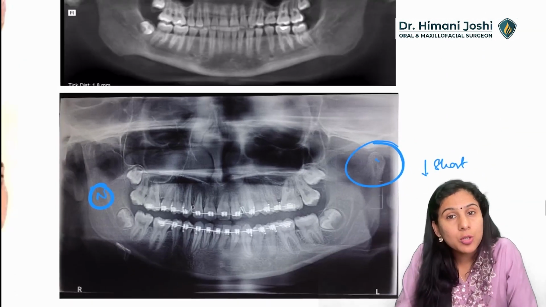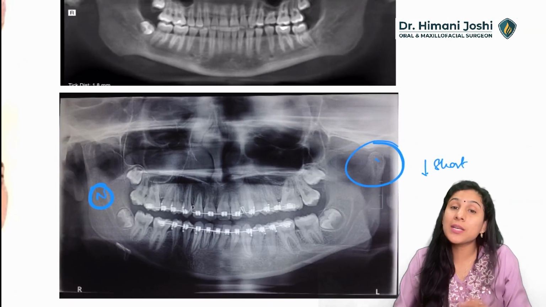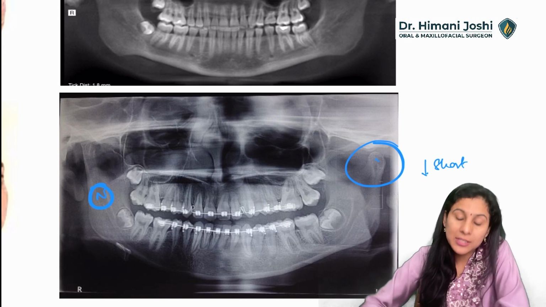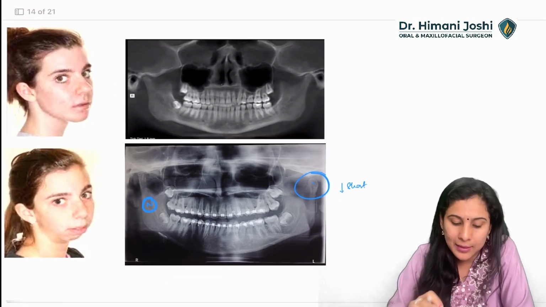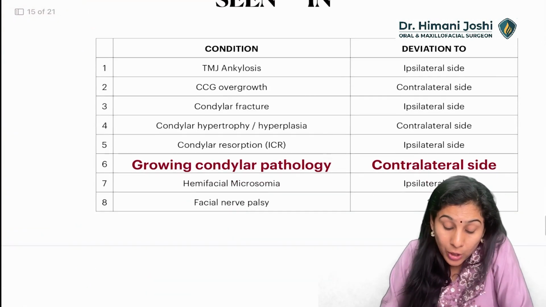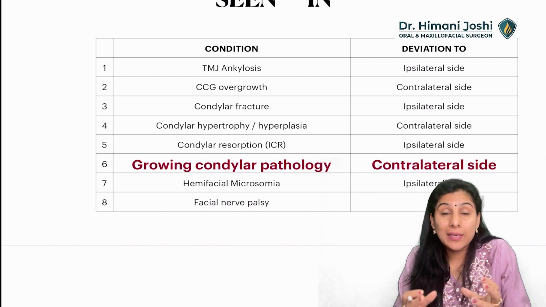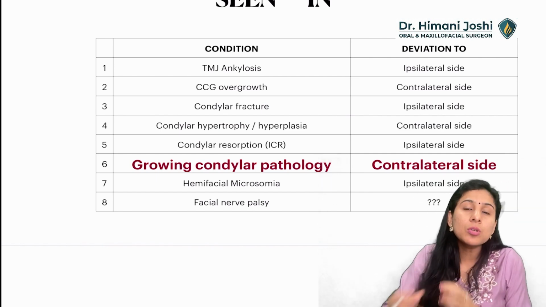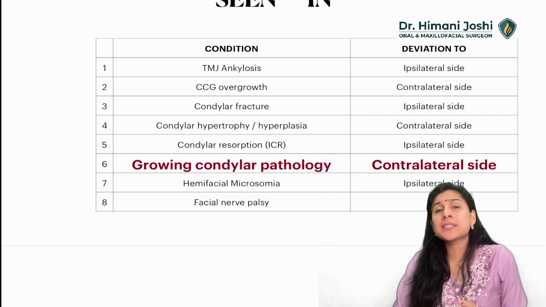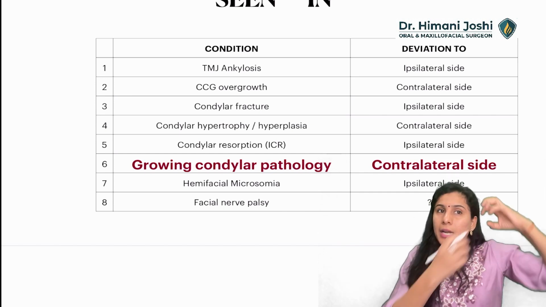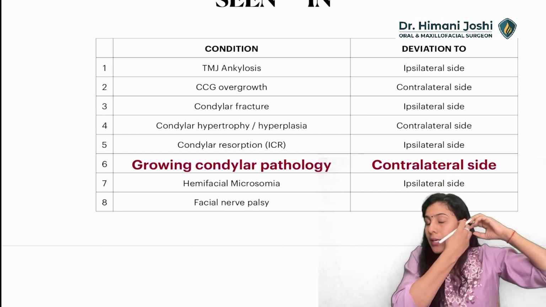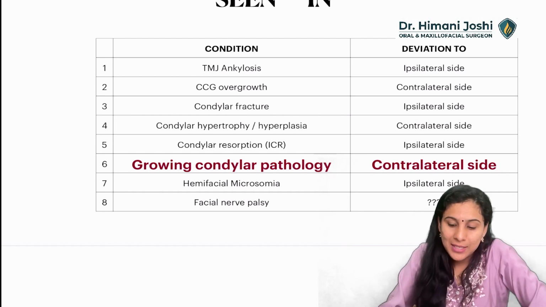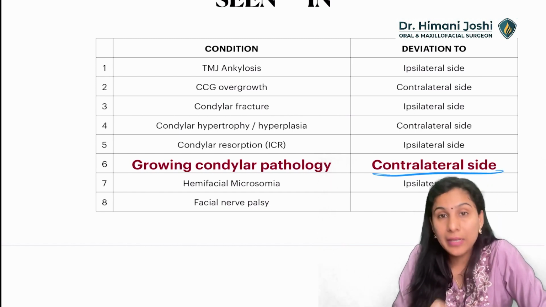So the other side will grow, cause deviation towards the non-growing side, that is towards the resorption side. So ipsilateral deviation. Condylar pathology which is growing, like a tumor of the condyle, will be similar to condylar hypertrophy. It's just a pathological hypertrophy. It will grow, it will push the condyle, it will push the chin towards the opposite side. So contralateral deviation.